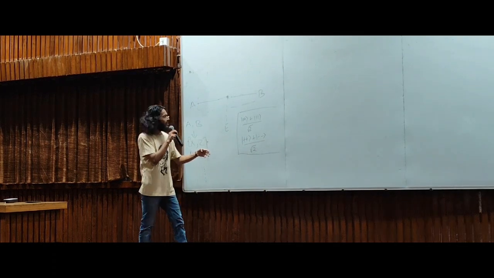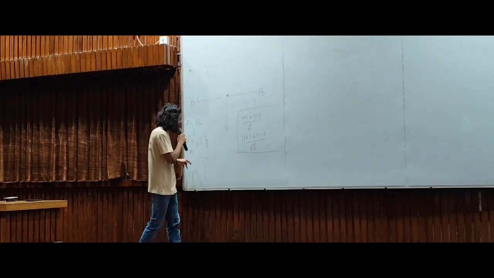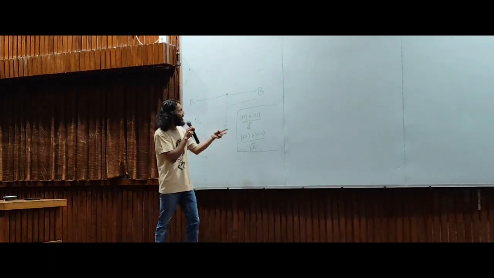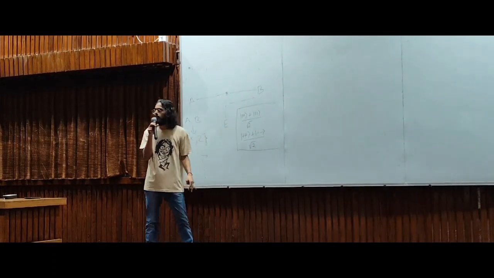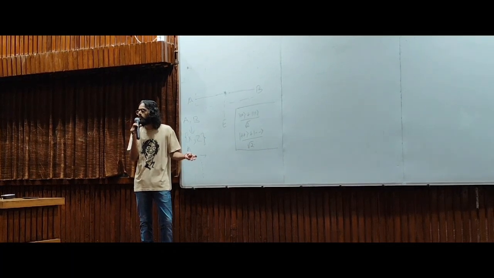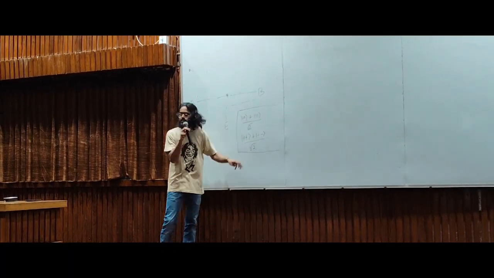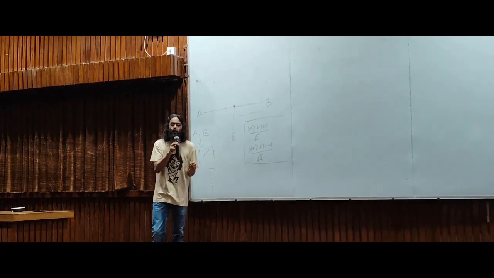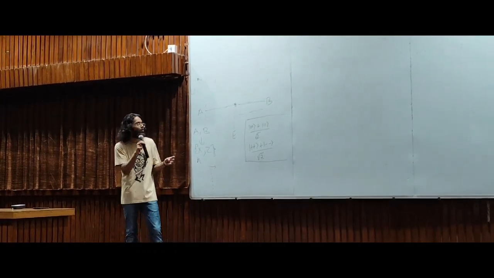If A measures in X and B measures in X, then they're both guaranteed to get either 0, 0 or 1, 1. Then it's perfect correlation, obviously. Similarly, if they measure in different bases, X and Z, we expect absolutely no correlation.